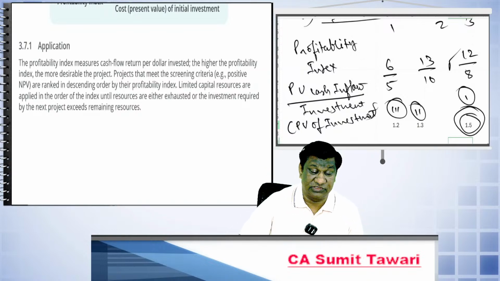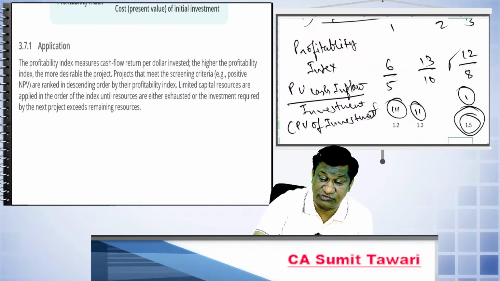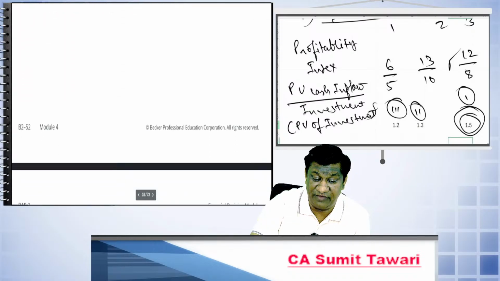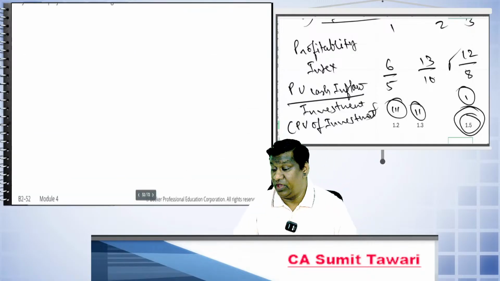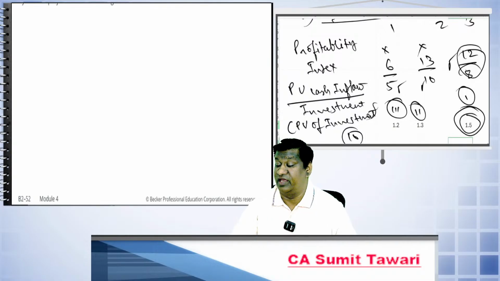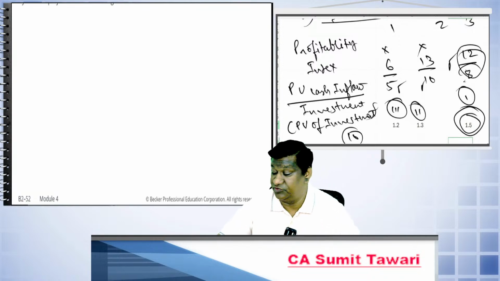Limited capital resources are applied in order of the index until the resources are either exhausted or the investment required is met. In this example, if you have an investment of 10 lakh, you first prioritize this one. After that you cannot select the others because they require 5 lakh and 10 lakh, so in that situation you can go with this only. This way you can decide which project to go with.